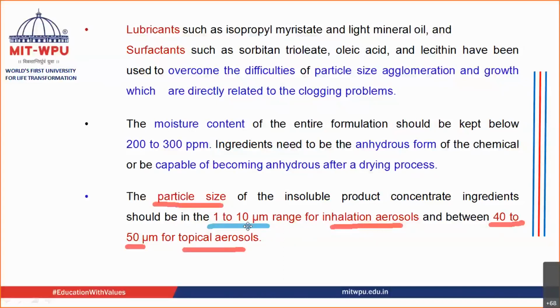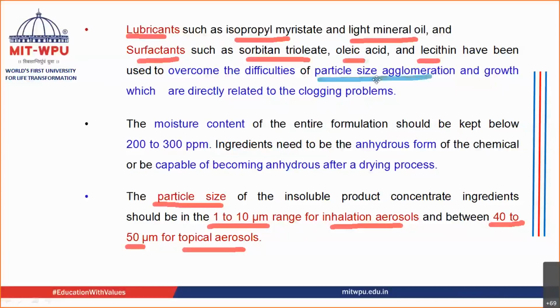For this, you are going to use lubricants such as isopropyl myristate, or you can use liquid mineral oils, or you can use surfactants such as sorbitan trioleate, oleic acid, lecithin. They can be used in order to overcome this particle size agglomeration.